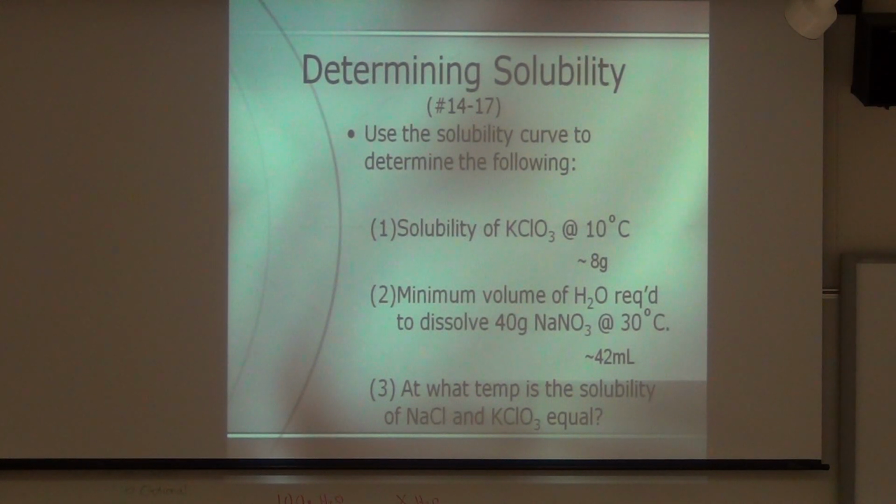Potassium chlorate is the one that starts the lowest, and eventually, after about 50 or 60 degrees, it curves up and crosses the sodium chloride. We're looking for the point of intersection. At what temperature do those two lines cross? Hopefully you're going to see that that's somewhere between 75 and 80 degrees. I estimated that to be 77.